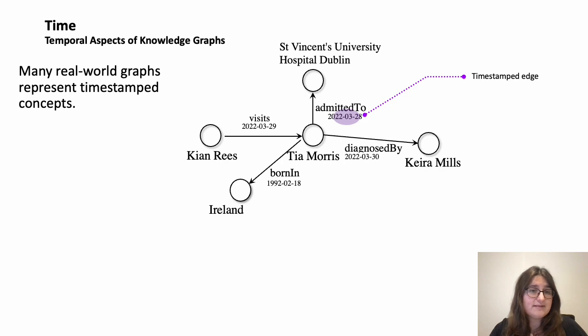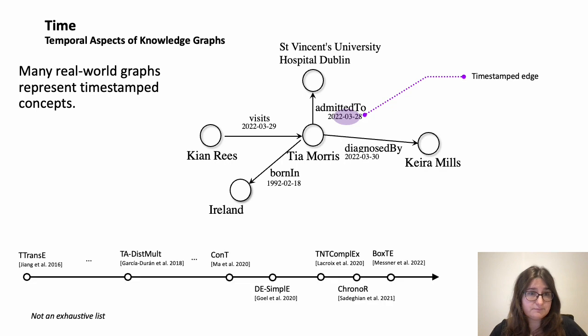And when her friend Kian Rees visited her in the hospital, 29 March. These are events that are important in real-world graphs, but are not trivial to represent in the knowledge graph embeddings world.